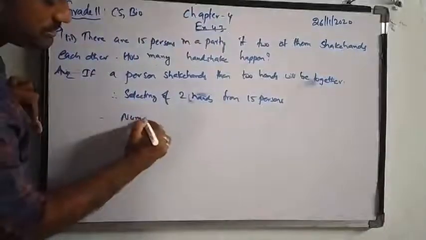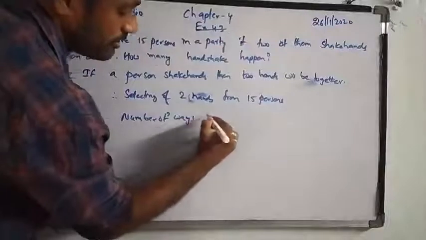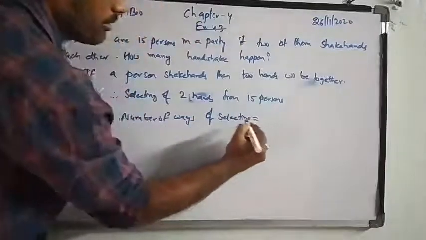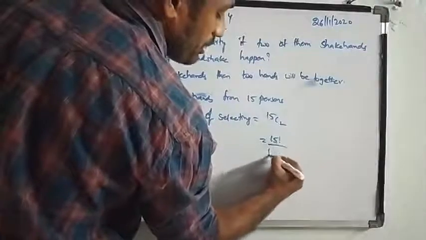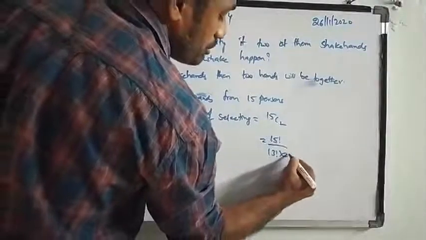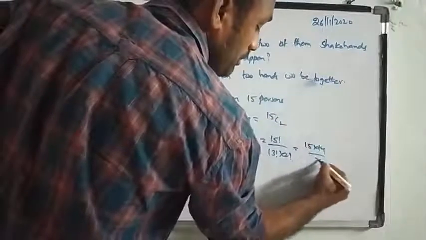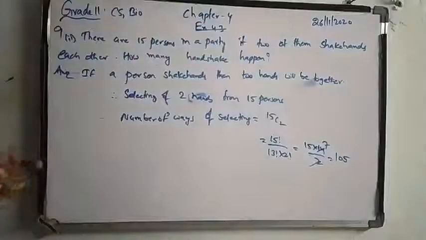So the number of ways of selecting is 15C2, that is 15 factorial by 13 factorial into 2 factorial. So 15 into 14 by 2, that is 105 handshakes will happen.